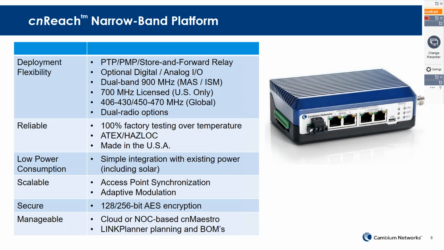And also, this radio comes with the I/O option. Remember, in the previous slide, I talked about connecting your things to an I/O to IP converter. If you purchase the optional digital analog I/O option, you can connect the things to the green port on the left-hand side, and then the radio will serve as a Modbus TCP slave.